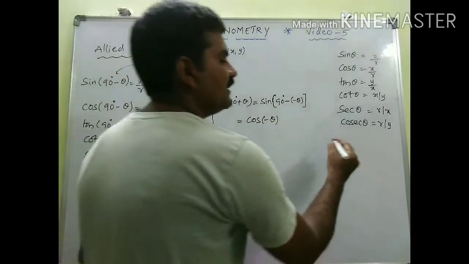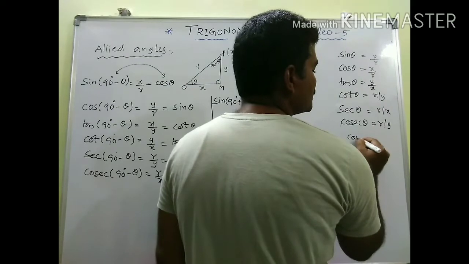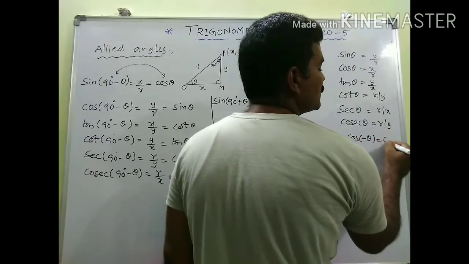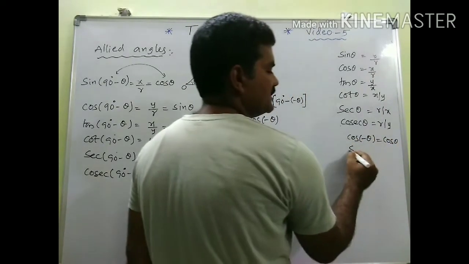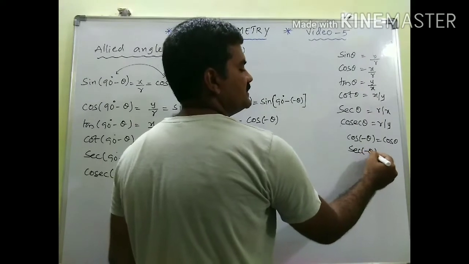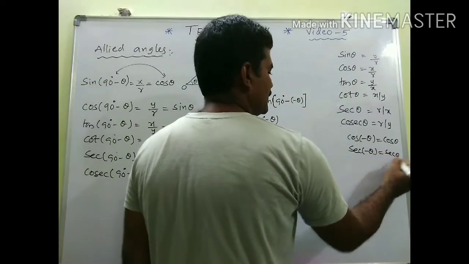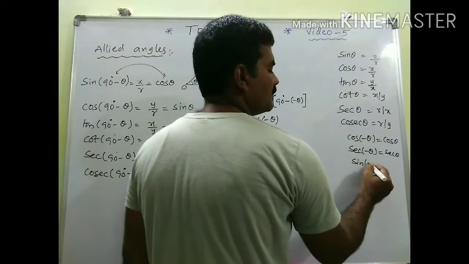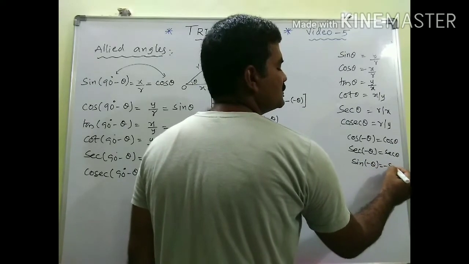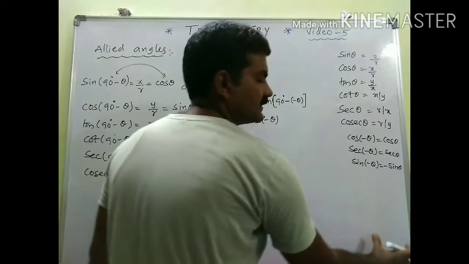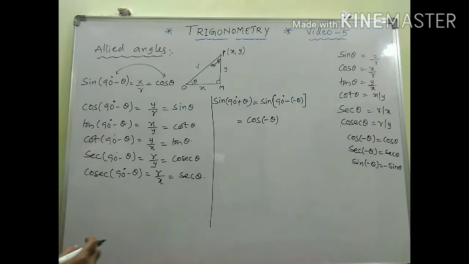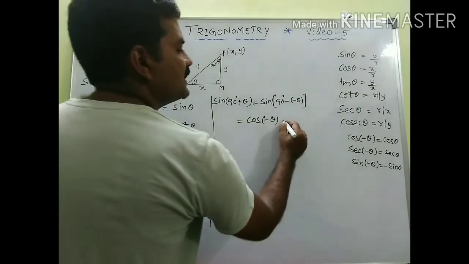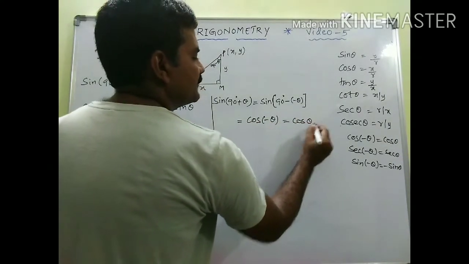And you know, my dear, earlier I told you that cos of minus theta is equal to cos theta, and secant of minus theta is also secant theta. But for the rest, all the minus thetas are equal to minus of that particular trigonometric ratio. So now cos of minus theta is equal to cos theta.